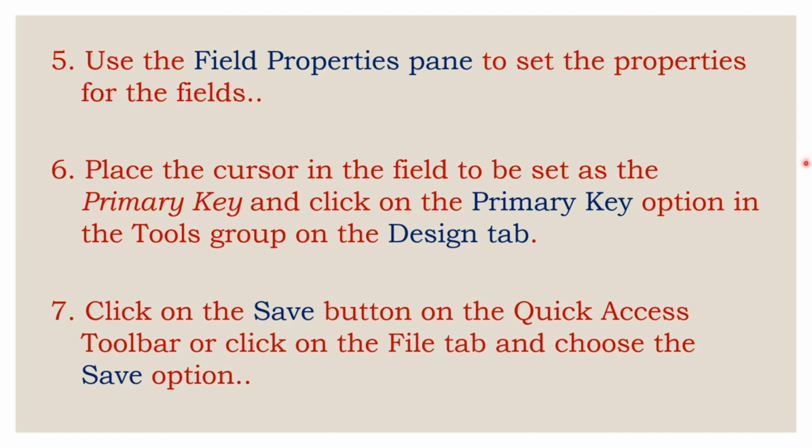Place the cursor in the field to be set as primary key and click on the primary key option in the Tools group on the Design tab. Click on the Save button on the Quick Access toolbar or click on the File tab and choose the Save option.